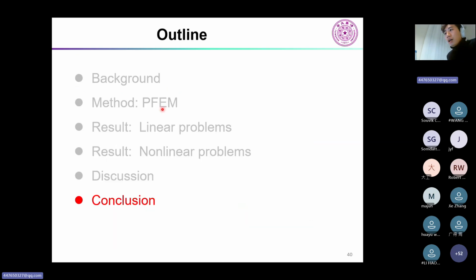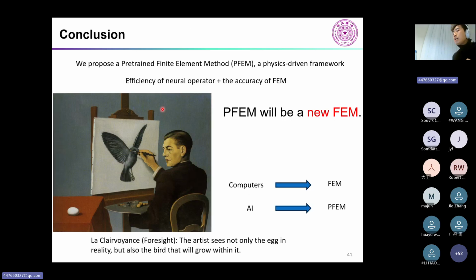Okay, so let me introduce some conclusions. I think there is something you can take home. The first one is that we propose a pretrained finite element method. This method is a purely physics-driven framework. It combines the efficiency of neural operators and the accuracy of the traditional FEM.